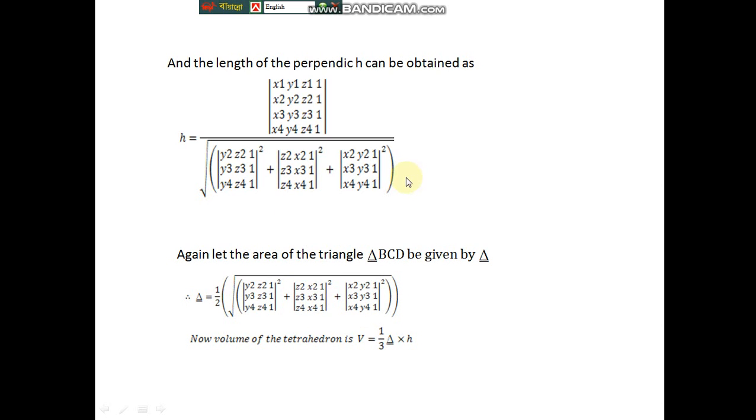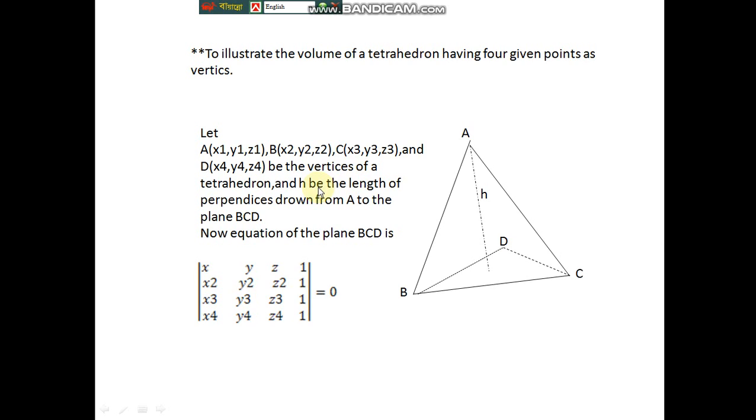We have described before how the denominator of h arrives here. We take the rows consisting of the general variables, and then we find this portion.